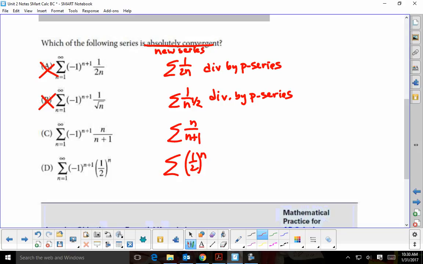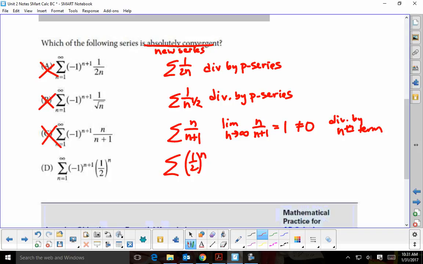A couple things you could do on this next one, but I would pick the nth term. Right? So this one diverges by nth term. B's out. Last one.